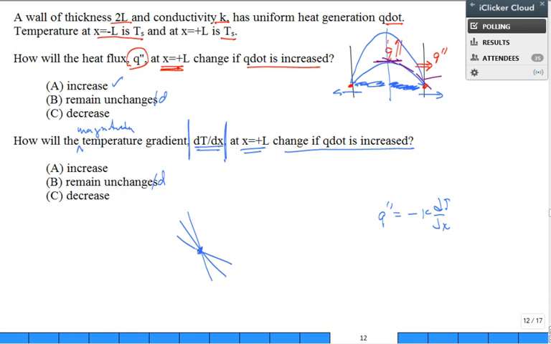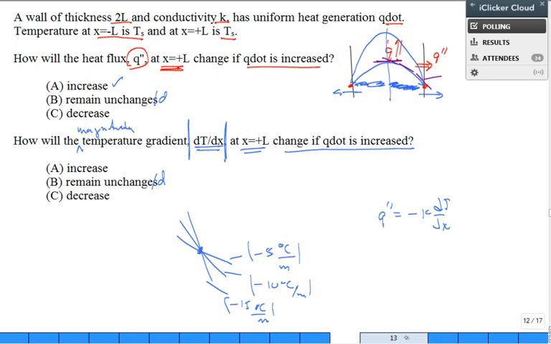Maybe for the first one it's negative 5 degrees C per meter, then negative 10 degrees C per meter, then maybe negative 15 degrees C per meter. In that case it's decreasing, but in magnitude, it's increasing.